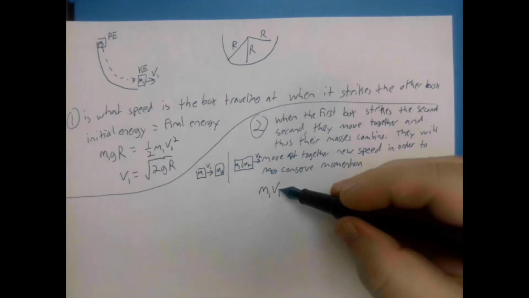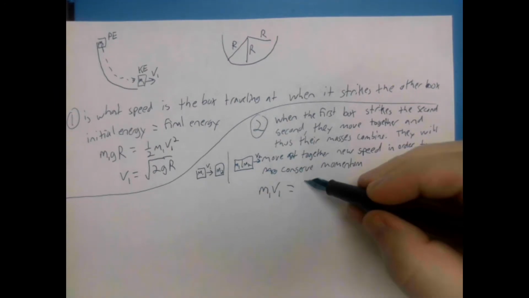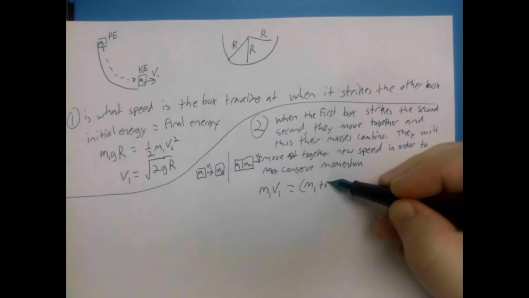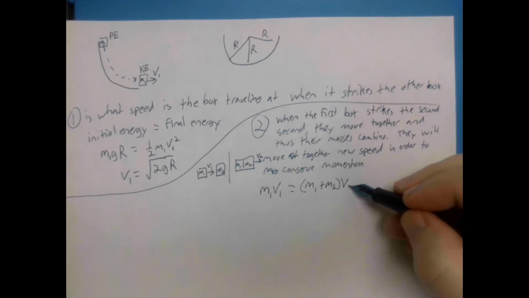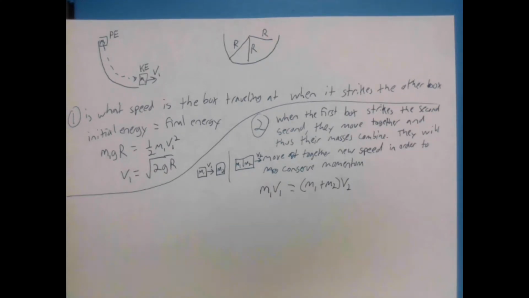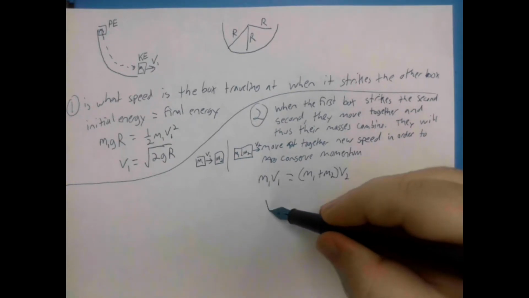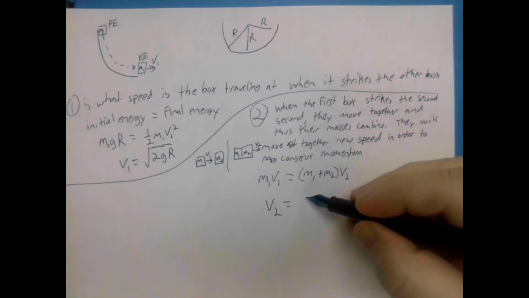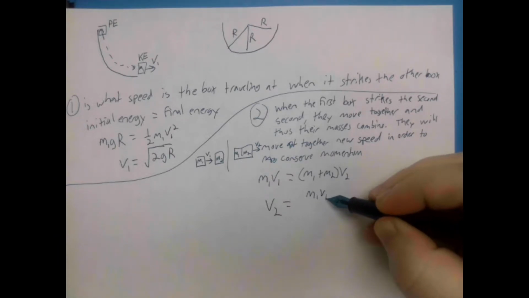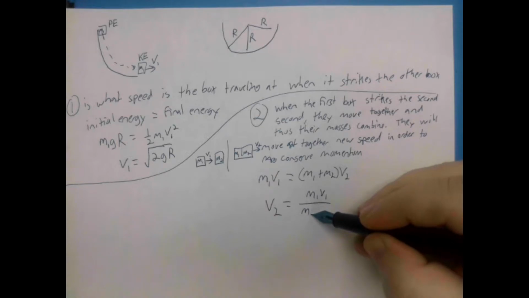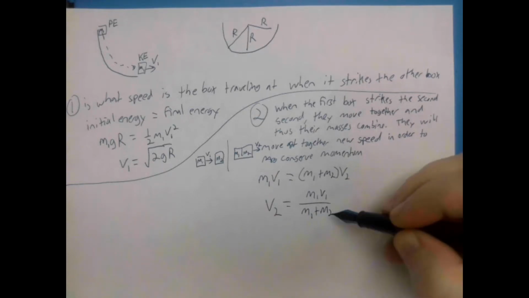So m1 times v1 has to equal m1 plus m2 times v2. And we can solve for the new speed. The new speed v2 is equal to m1 v1 divided by M1 plus M2.